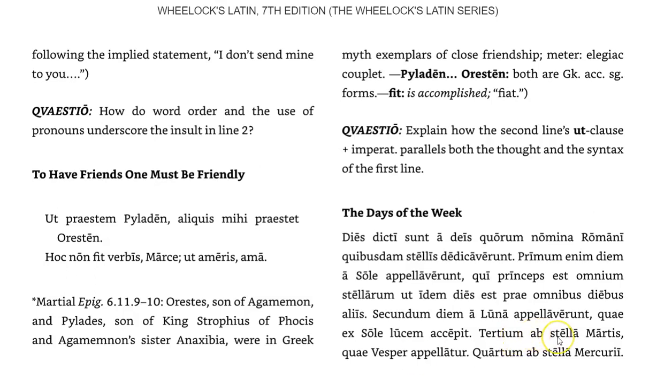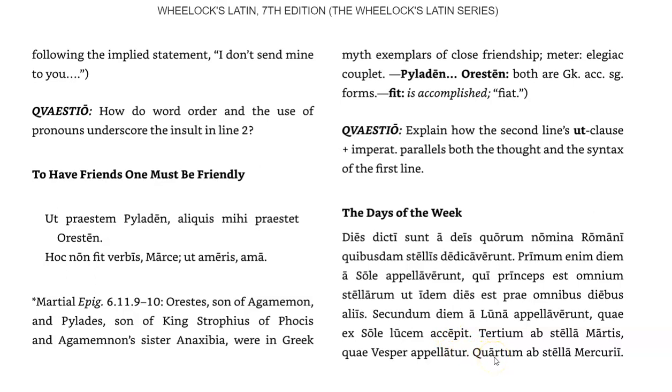So the third from the star Mars is called, a third from the star of Mars, which is named the night. So this one we have to kind of fill in a little bit more of the language based on that. So we might have something like, the third day is named after the star of Mars, which is called the evening star, or something like that.